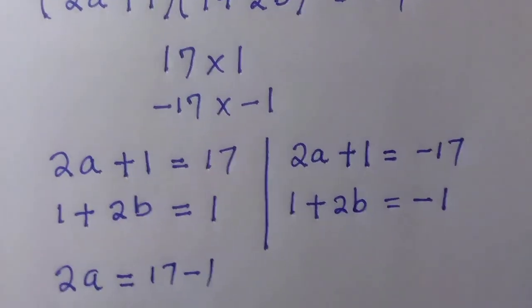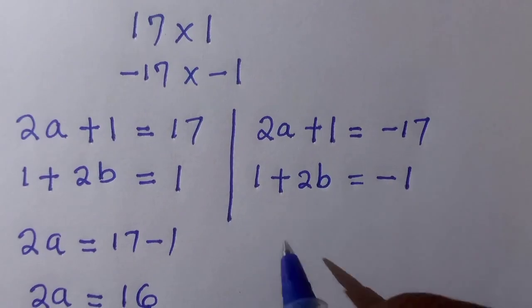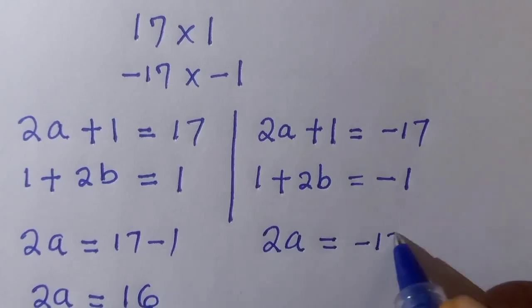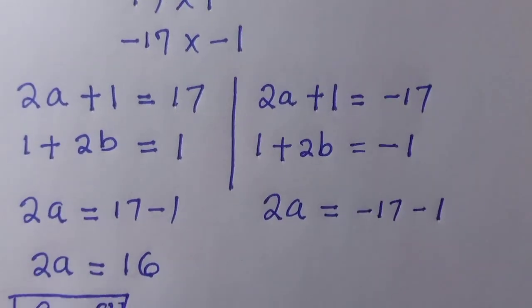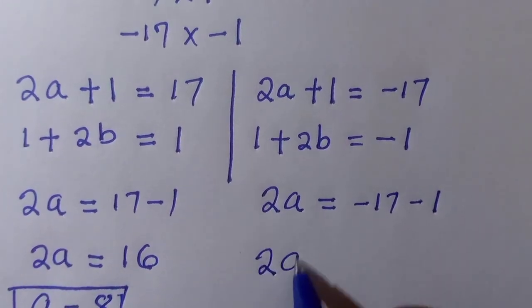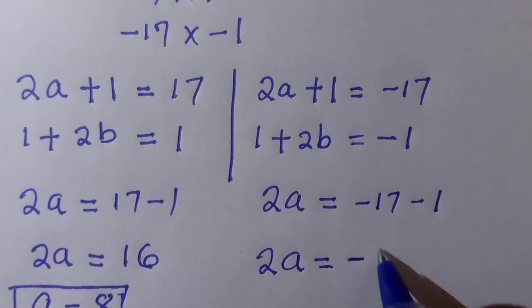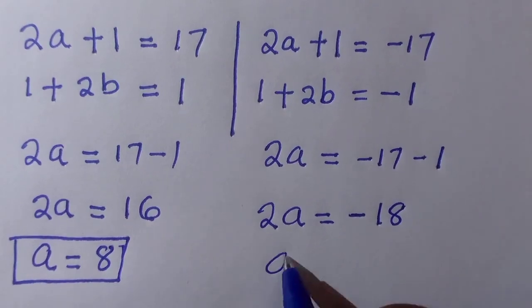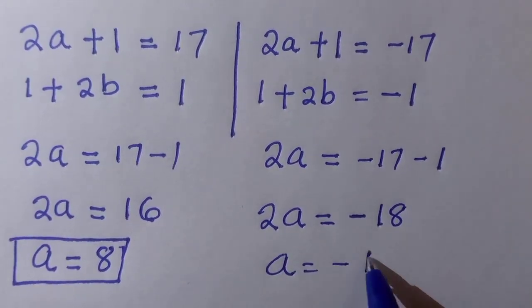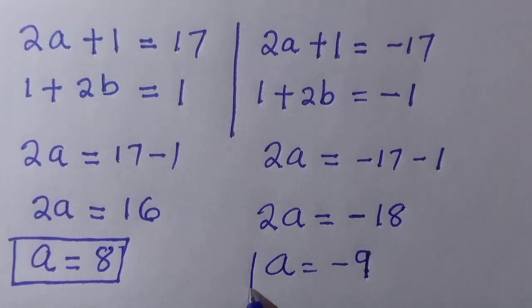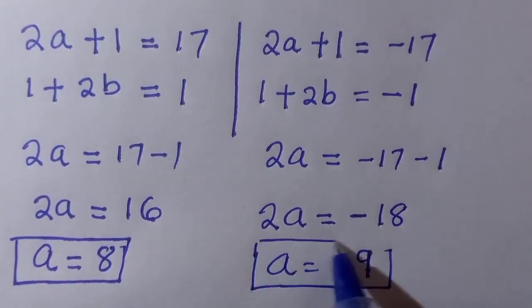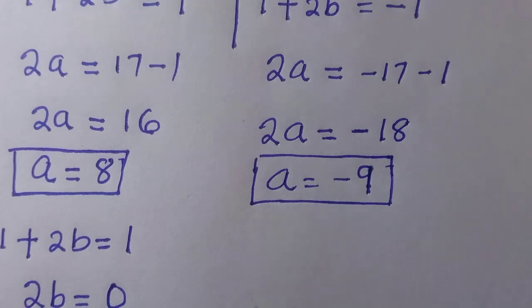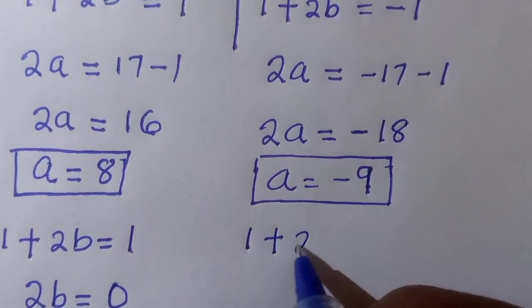For the negative side, from the first equation, 2a equals minus 17 minus 1, so 2a equals minus 18. Dividing both sides by 2, a equals minus 9. To get the value of b, we consider the second equation, 1 plus 2b equals minus 1.